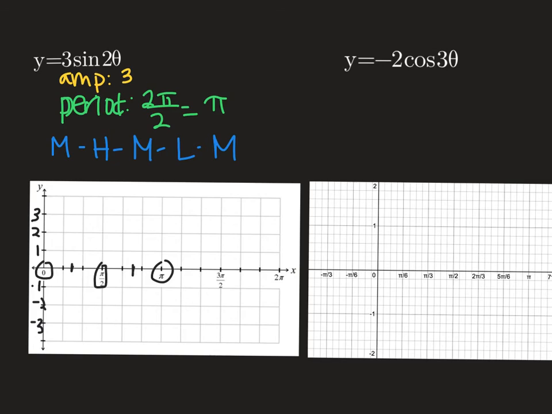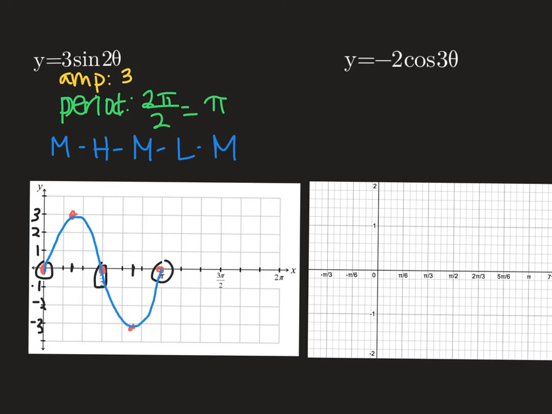And my lowest point needs to be -3 because the amplitude is 3 again. So when I graph these 5 points, I'm going to go middle, high, middle, low, middle. And so when I sketch my smooth curve through these 5 points, my sine function looks like this.